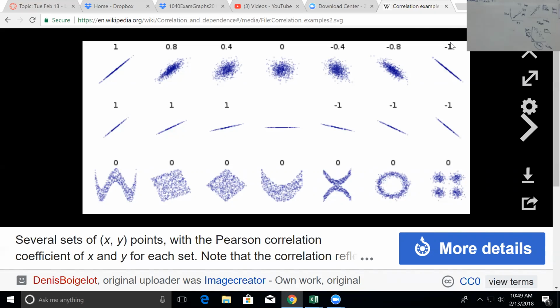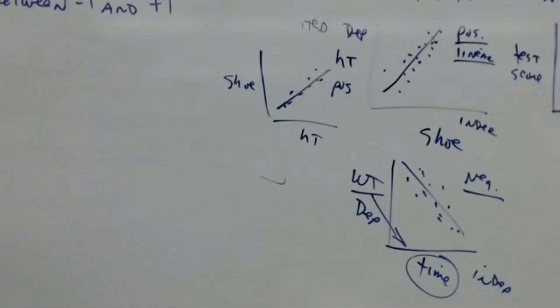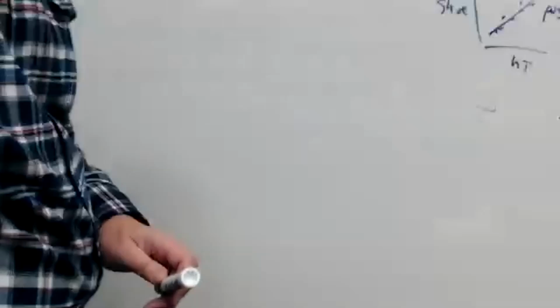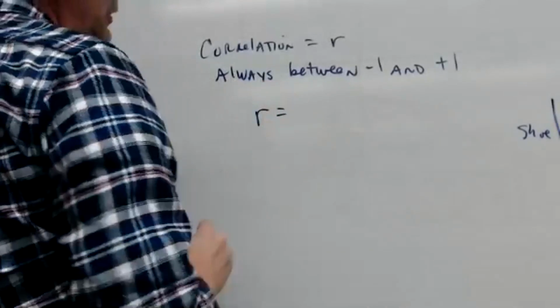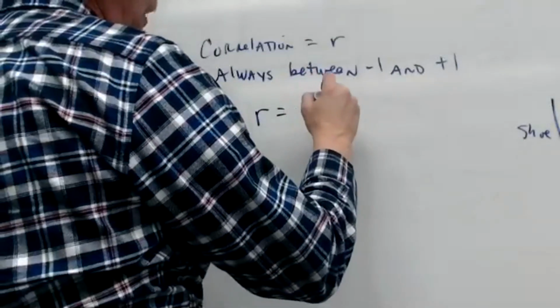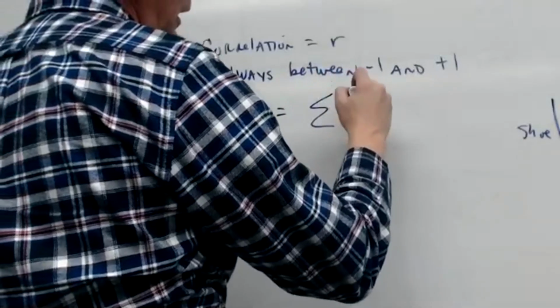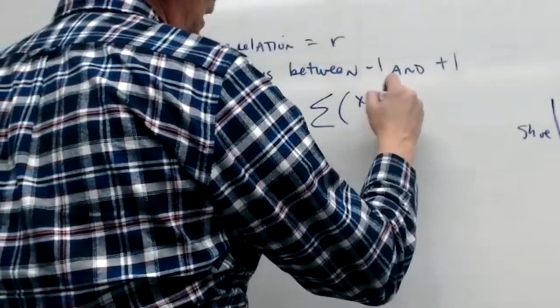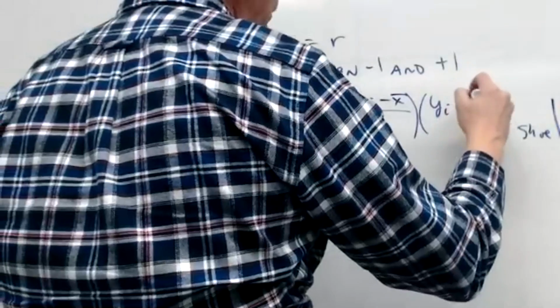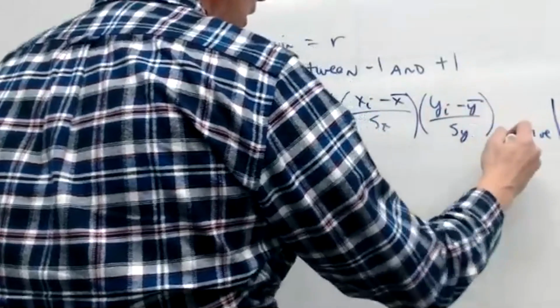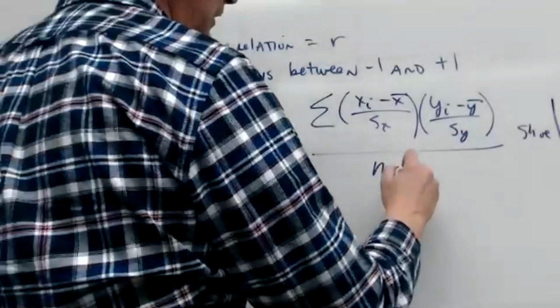Now the equation for the correlation coefficient is, sorry, oh, now it's pointing down even worse. There we go, okay? The equation is R equals the sum of (x sub i minus x bar) over s sub x times (y sub i minus y bar) over s sub y, all of this divided by n minus 1.